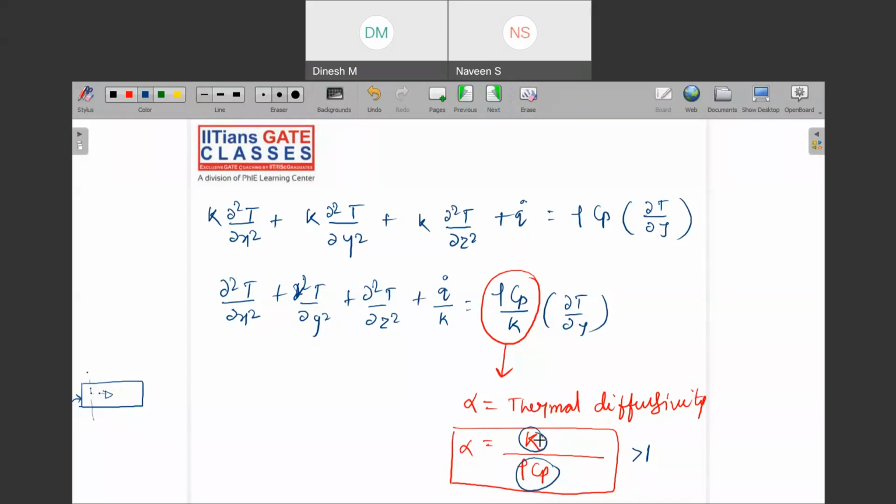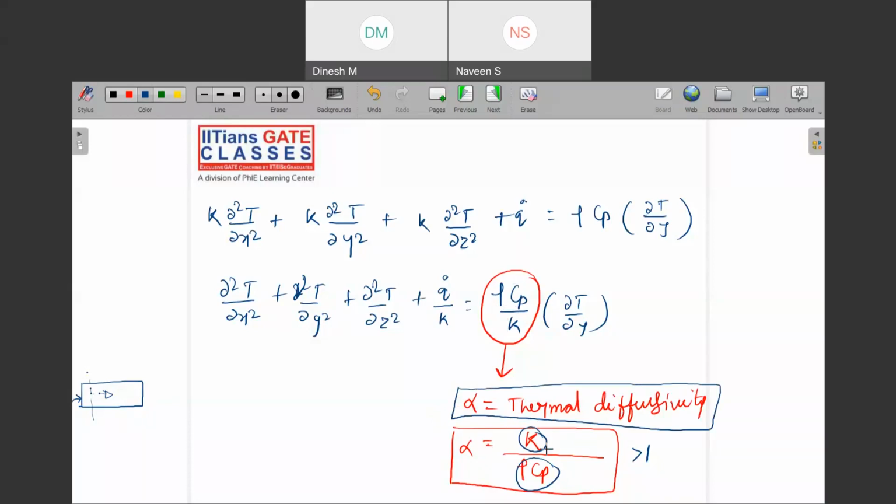Got the idea? So it also tells you how quickly you can diffuse the heat you are getting. Diffuse means whatever you have got, you have passed it to the next one. Okay, so what is this thermal diffusivity? It tells you how quickly you can diffuse the heat.